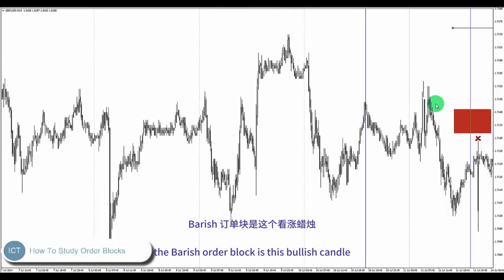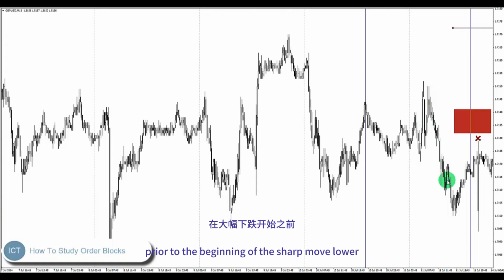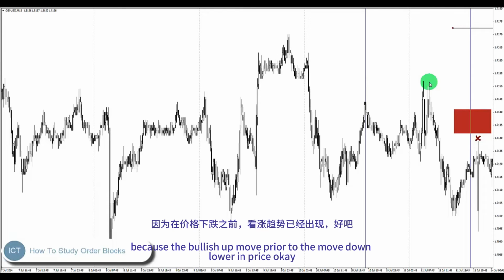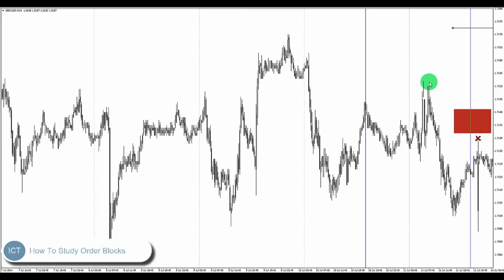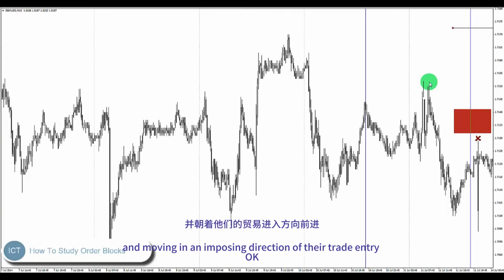The bearish order block is this bullish candle prior to the beginning of the sharp move lower. Again, bearish order blocks are bearish because the bullish up move prior to the move down lower in price is where the smart money or institutional bank traders are going to be selling into that rally. Remember we talked about earlier, the sheer vastness of their orders requires them to be aggressively moving in an opposing direction of their trade entry.